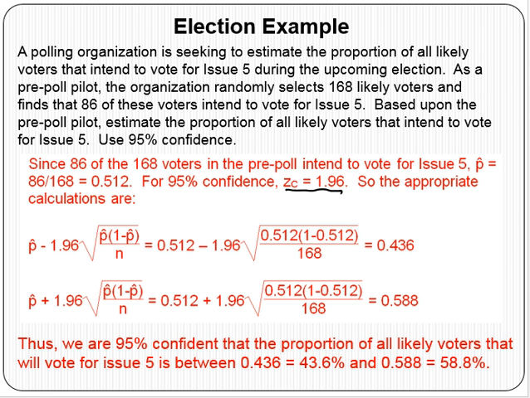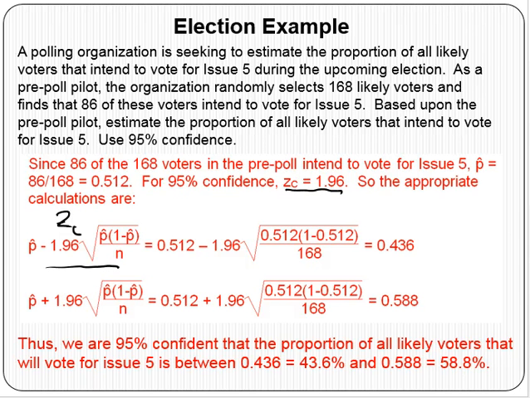So for the appropriate calculations, just plug the values in. P hat being our sample proportion, 0.512, and 1.96. So this is the formula we'll be using. Remember, this is our Z confidence right here. We got a bottom limit of 0.436 when we plug these values in, with the sample size 168. We got a top limit of 0.588.